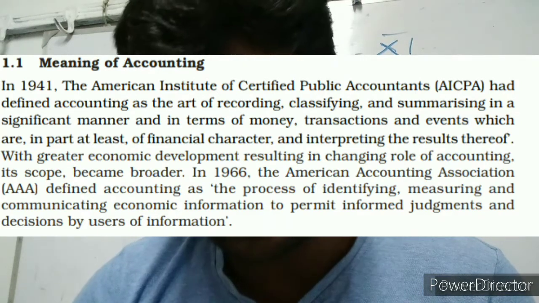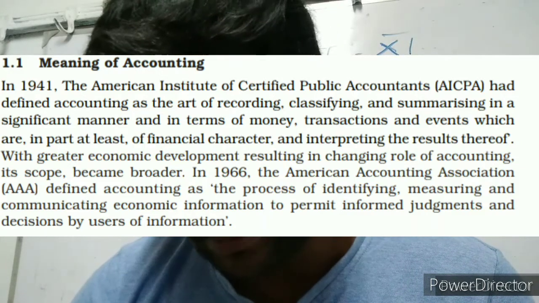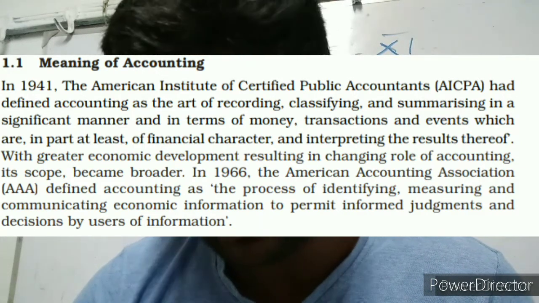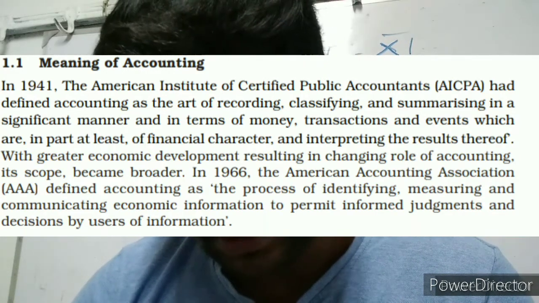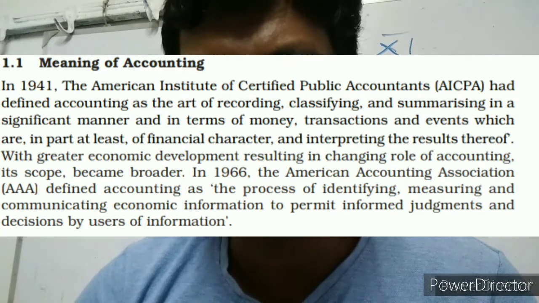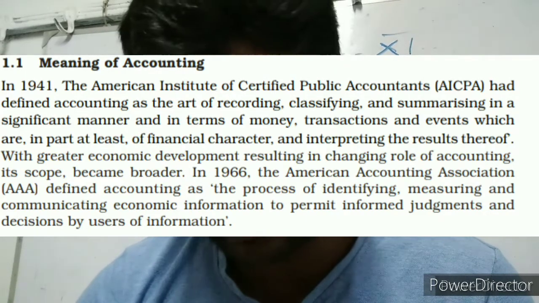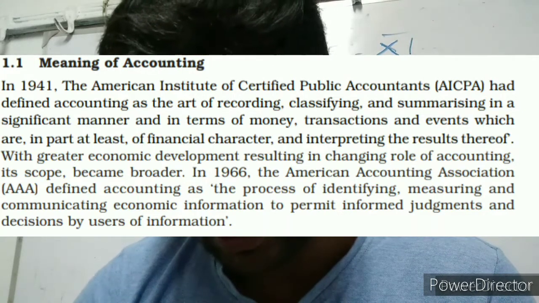Then again in 1966, they gave one definition. The American Accounting Association, AAA, came after the AICPA. They define accounting as the process of identifying what kind of account it is. First of all, we have to identify. So identifying, measuring. We have to measure how much it is.